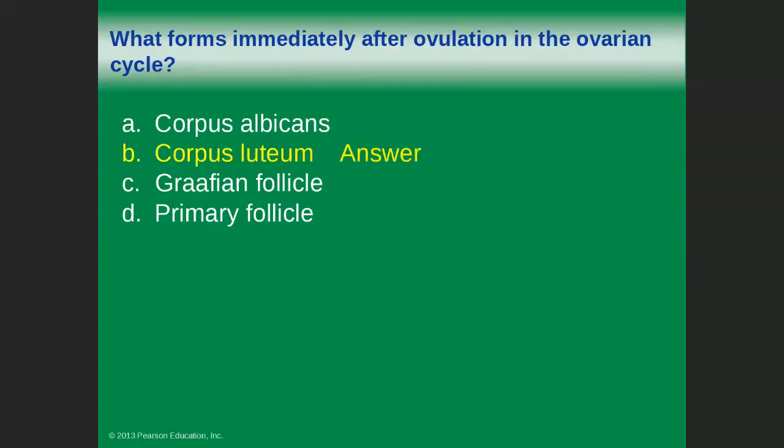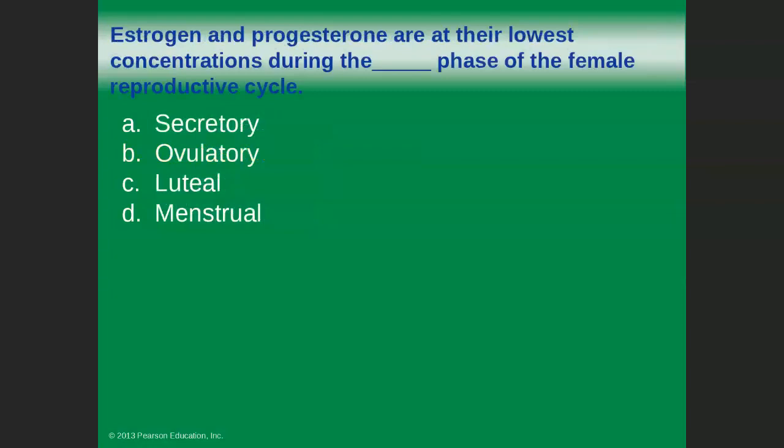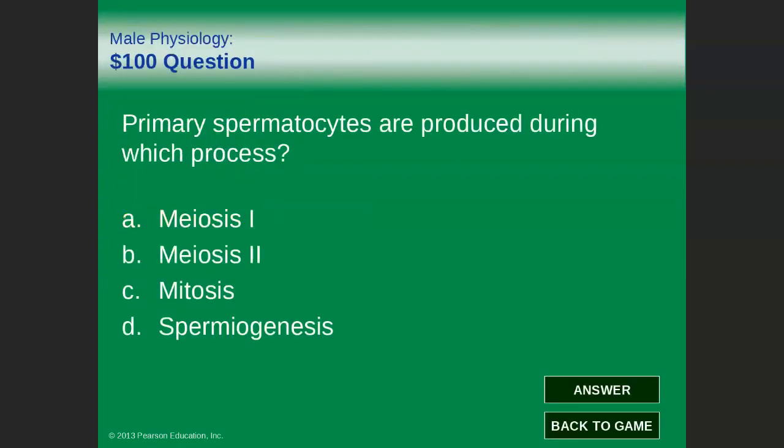Corpus luteum will then start producing progesterone hormone. Estrogen and progesterone are at their lowest concentrations during the menstrual phase of the menstrual cycle. That's why menses occurs.